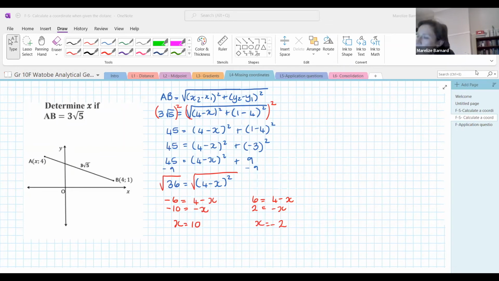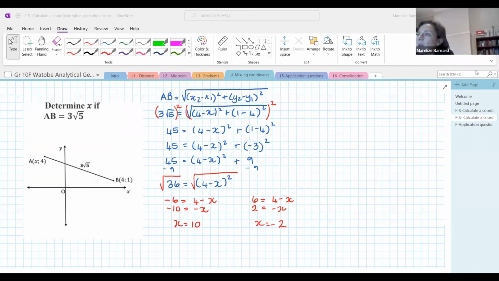So we would get it to be x minus 4 squared, and then we substitute the squared into the whole equation, and then we solve the whole equation after.